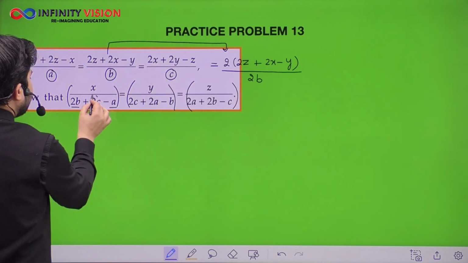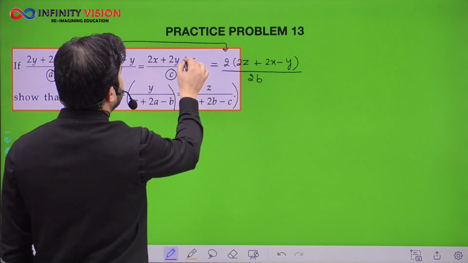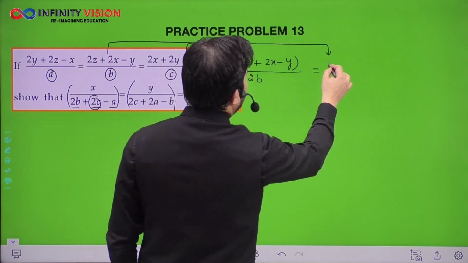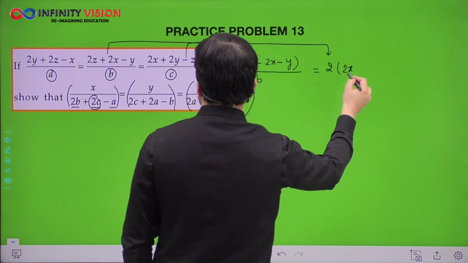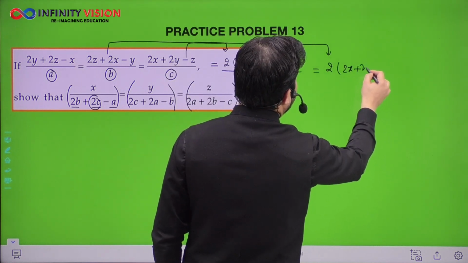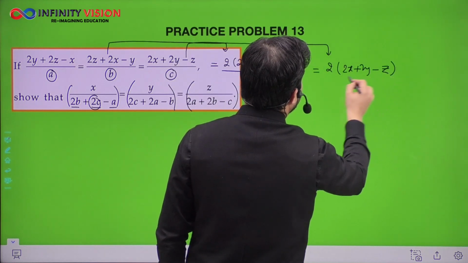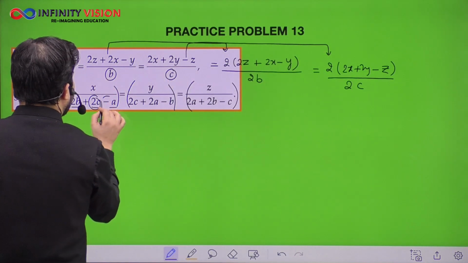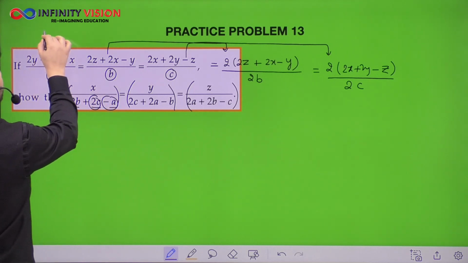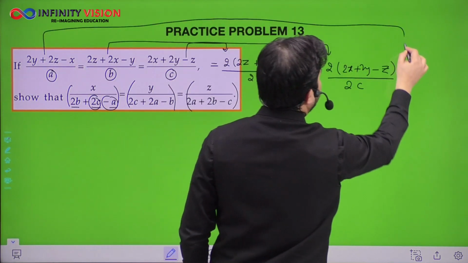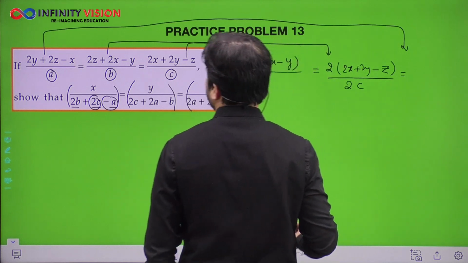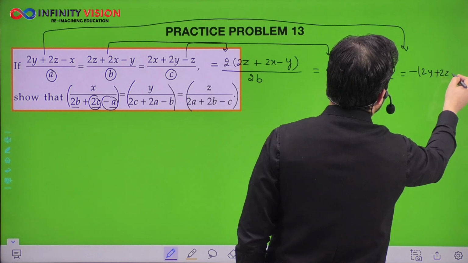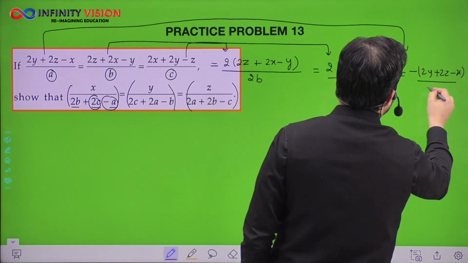And the same way I need twice of c, so this will also be equivalent to twice of (2x + 2y - z) upon 2c. And then I need to have minus a, which means I'm just going to multiply this with minus 1. So this would become minus of (2y + 2z - x) upon minus a.